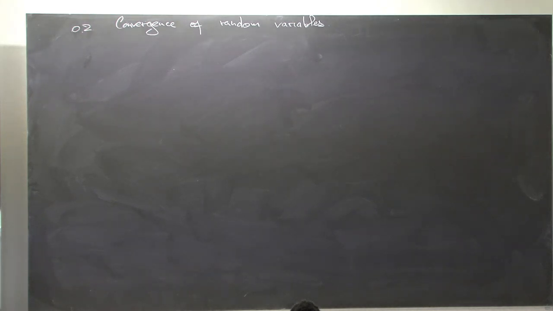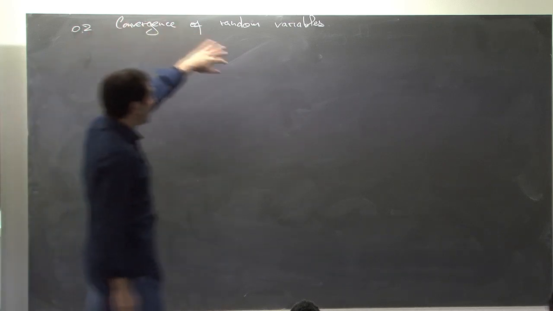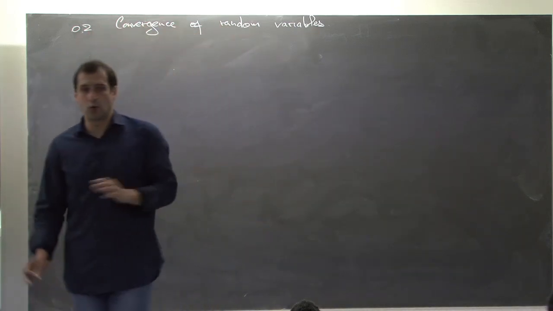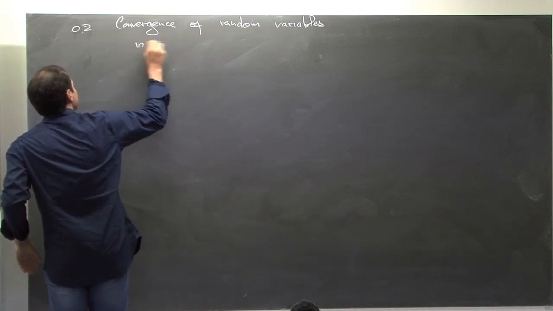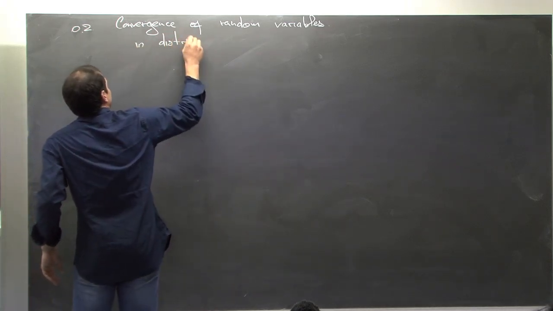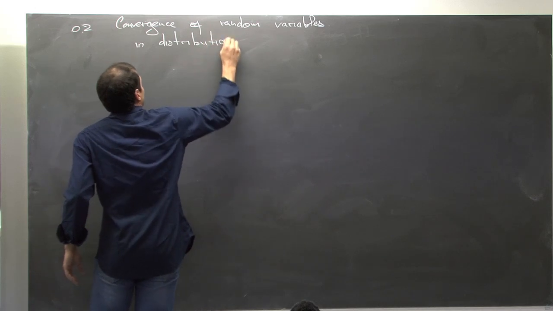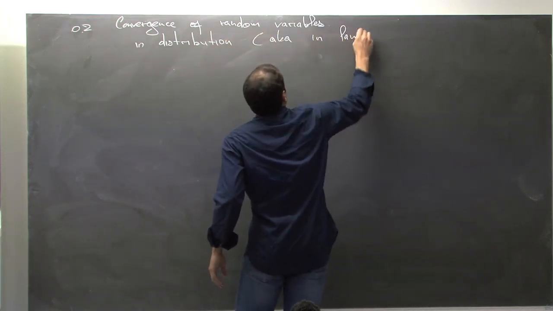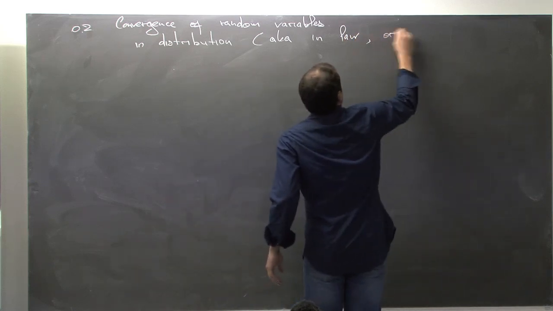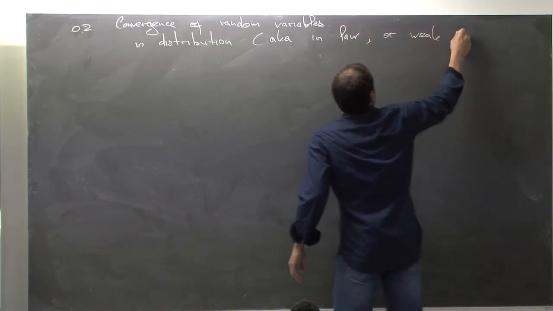Probably you remember that there are many notions here, like almost sure convergence, etc. What I'm interested in is convergence in distribution, also known as law or weak convergence.